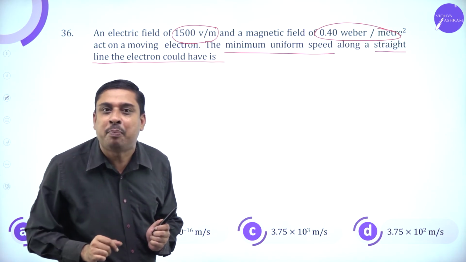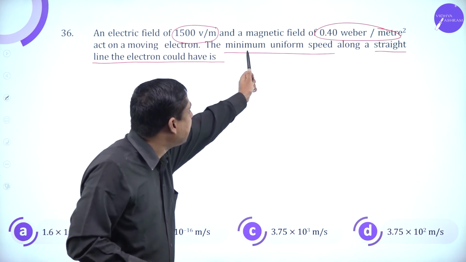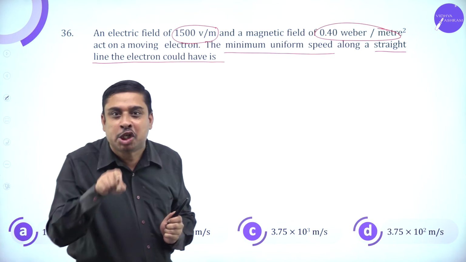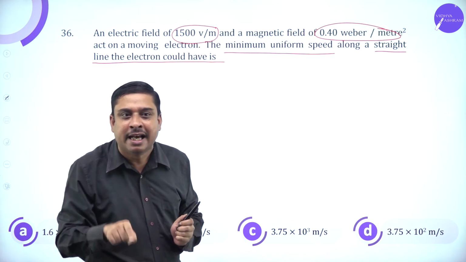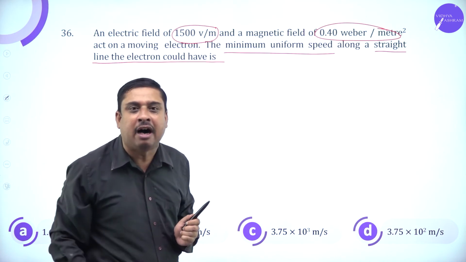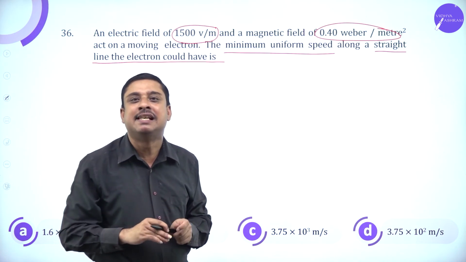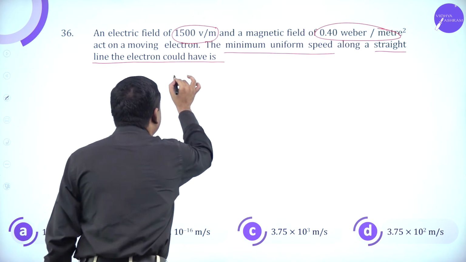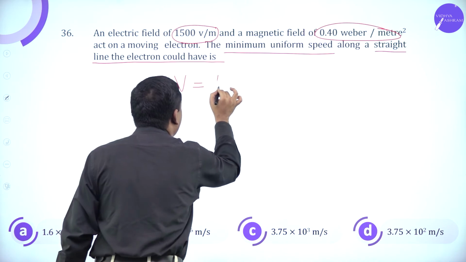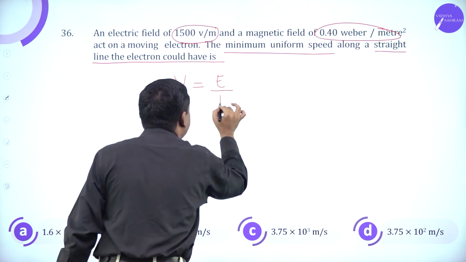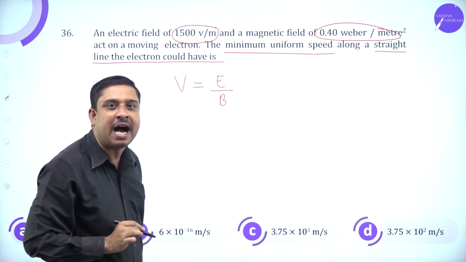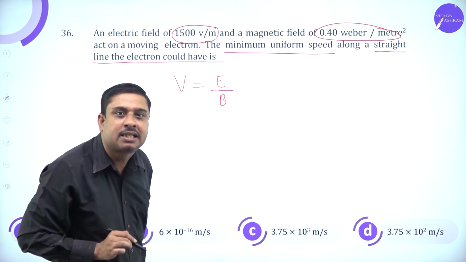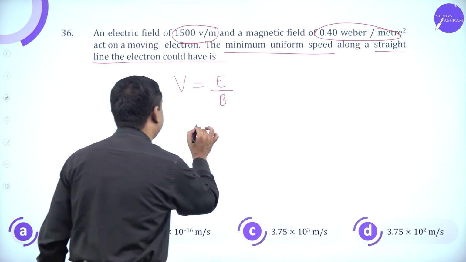But that should not happen. He says the electron has to move in a straight line. It should not deviate from its path. Velocity selector condition. This will happen only when the speed of the electron is the ratio of E divided by B. This is called the velocity selector condition.